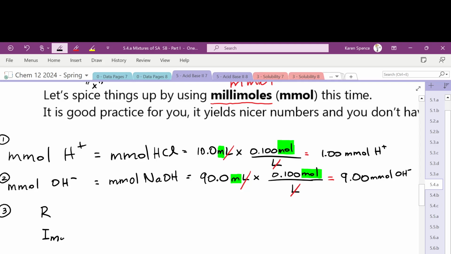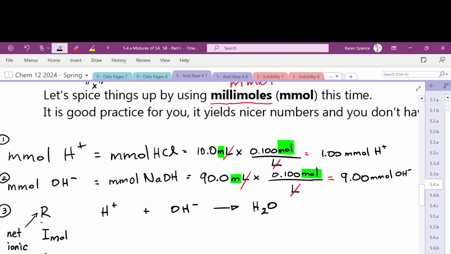And remember, this is moles now. Okay, so I'm going to put RIC moles and F moles. And what are we going to use for the reaction? We're going to use the net ionic equation of water: H plus plus OH minus. So we're going to have H plus, we have OH minus, and we are making water.